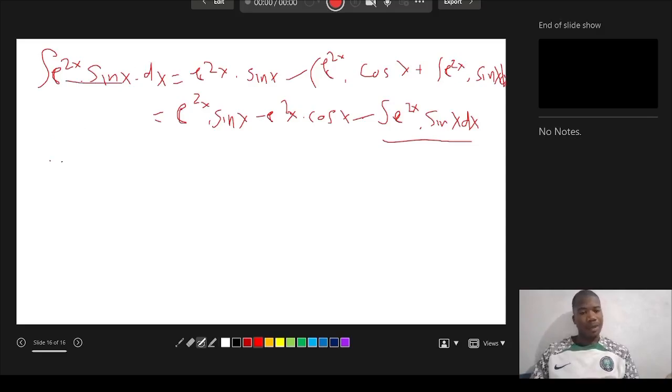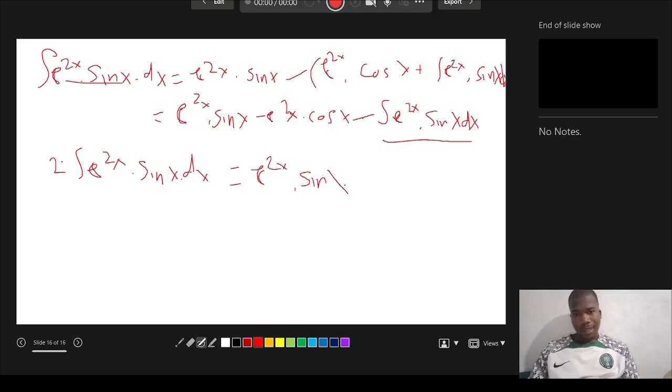So what we do is we add them together. So now we have 2 times the integral of e to the power 2x multiplied by sine x dx, right, is equal to e to the power 2x multiplied by sine x minus e to the power 2x multiplied by cos x, right? Then we divide both sides by 2.